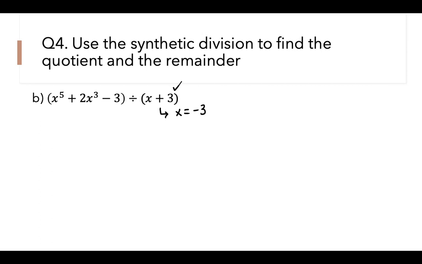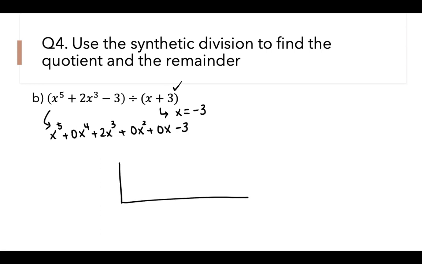So I could rewrite this as x to the 5 plus 0x to the 4 plus 2x cubed plus 0x squared plus 0x and then minus 3. It's very important that you fill in the missing information so that you're not skipping a degree.